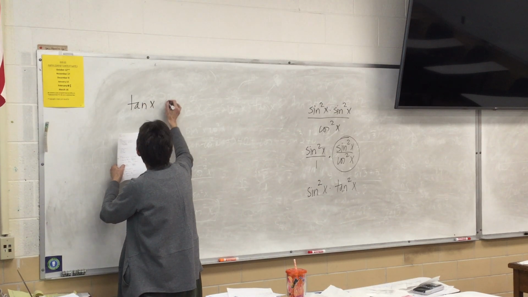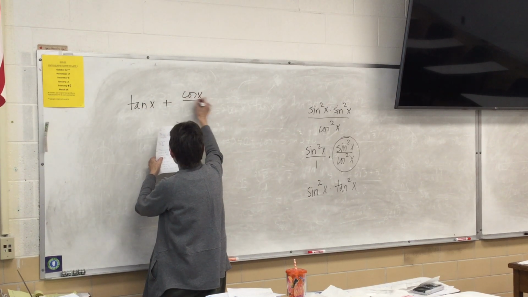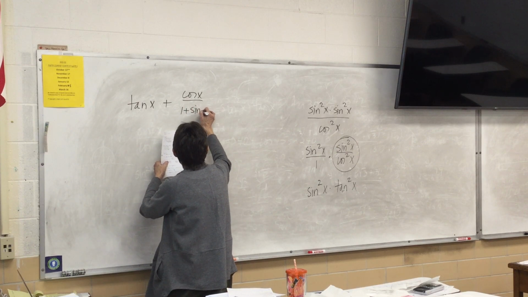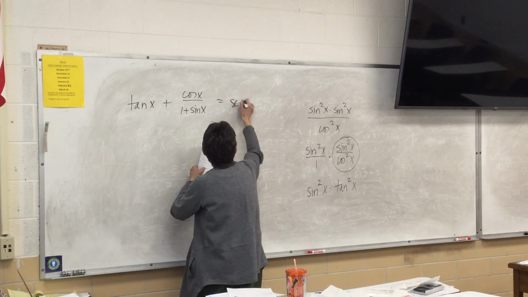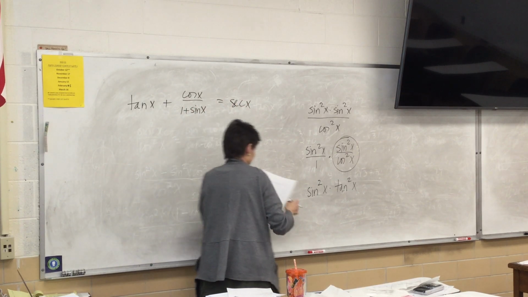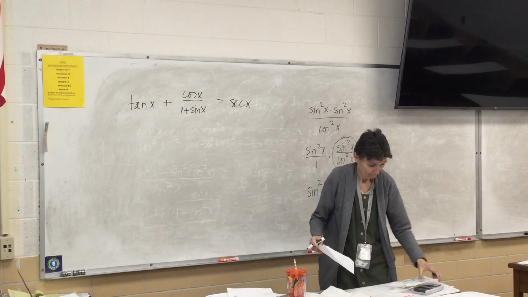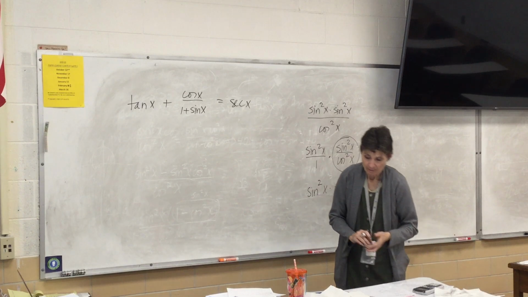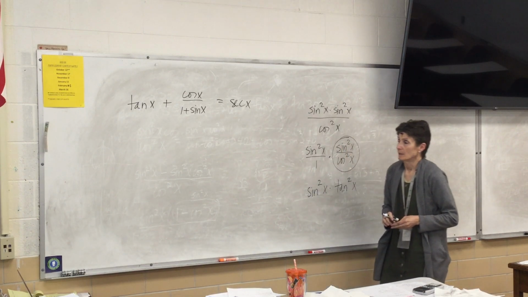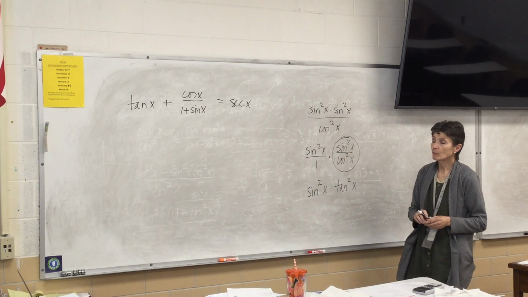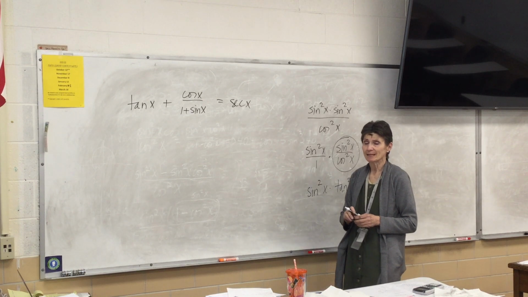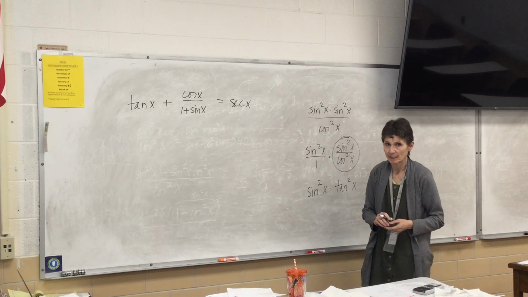Tan x plus cosine x over 1 plus sine x equals secant x. I know your gut feeling might be, let's just jump right in and get a common denominator.